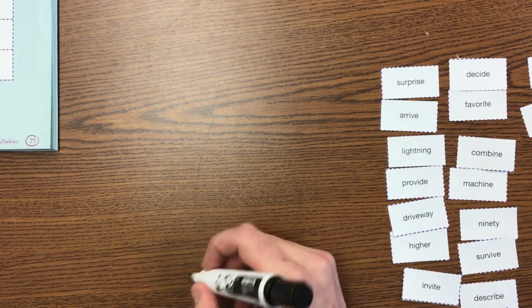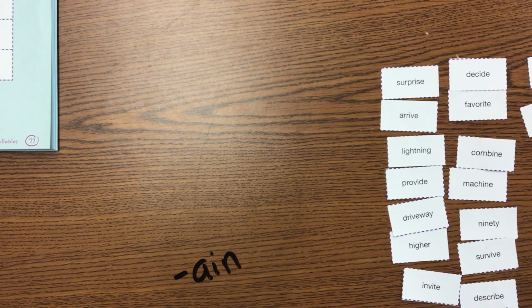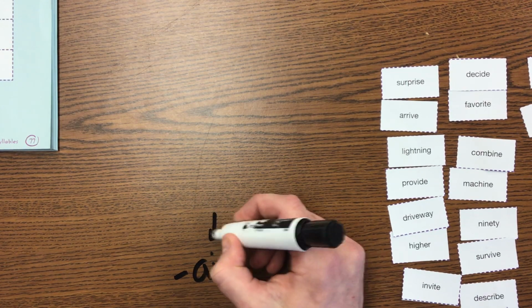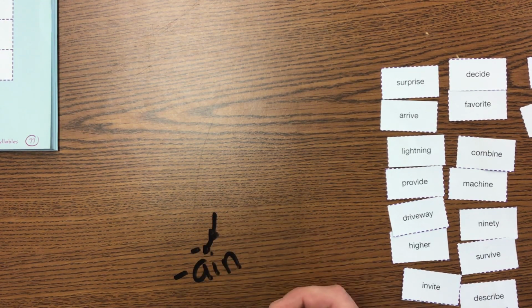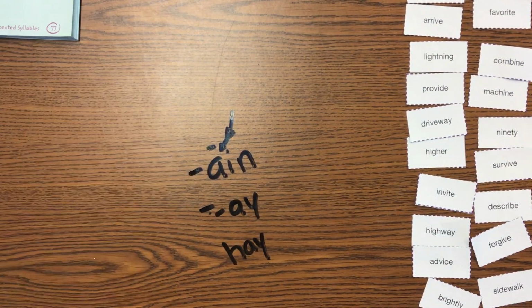The other two ways that we said we could make the long A were the AI, okay, which makes that long A, or we also have this, AY, which makes that long A, okay?